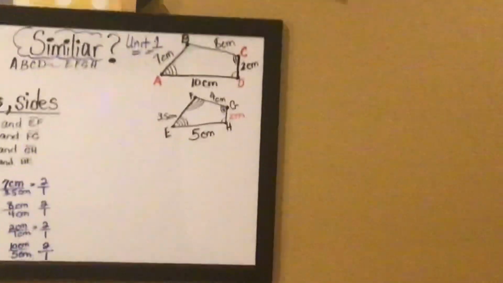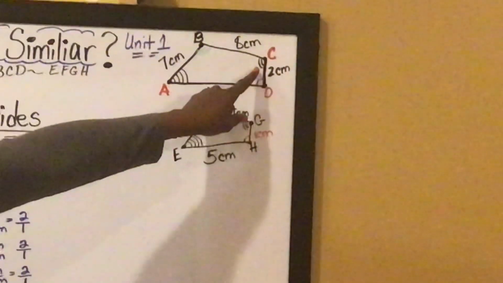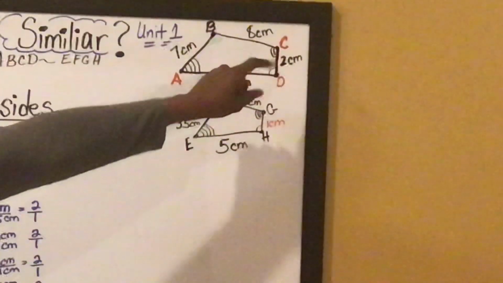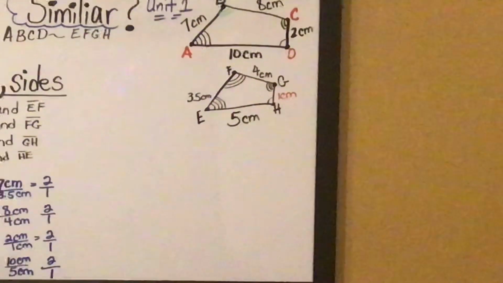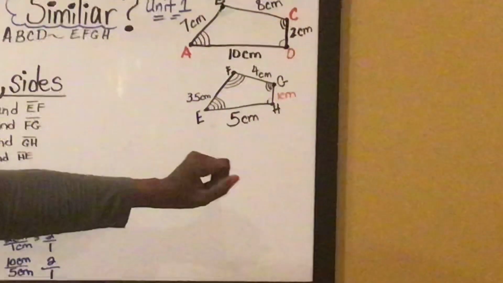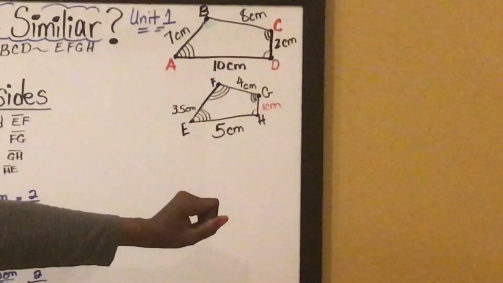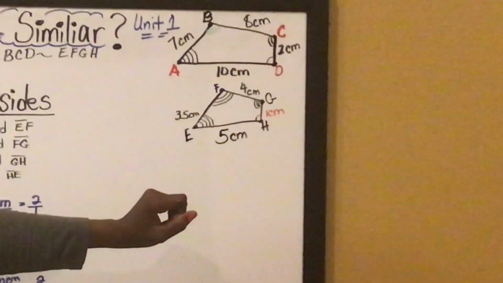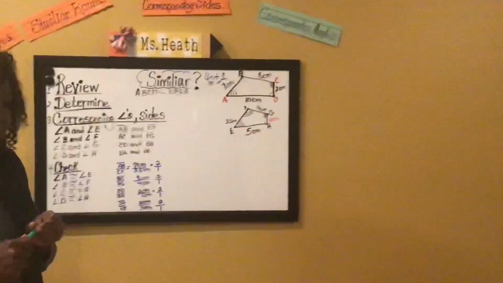Next, we can see that angle C has 2 markings. Here's angle C, and those are the 2 markings, 1, 2. It corresponds with angle G, and angle G also has 2 markings.